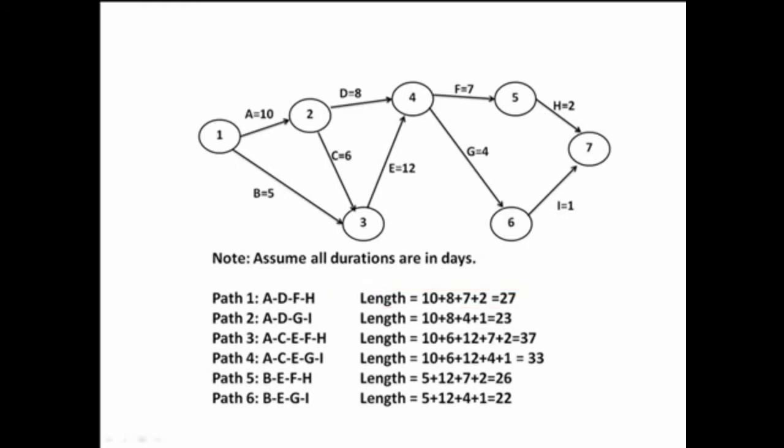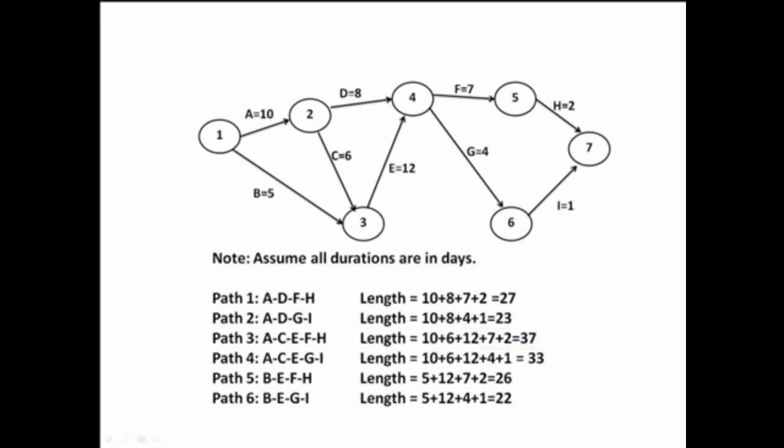Now let's look at the longest path. It's path 3. It follows nodes 1, 2, 3, 4, 5, and then 7. The work activities are A, C, E, F, and H. Adding all the durations of these activities, the duration of this path is 37 days.